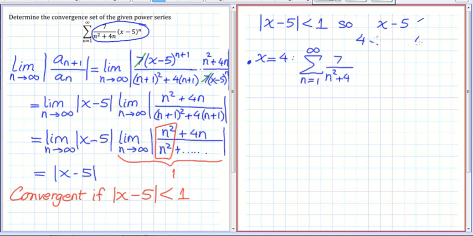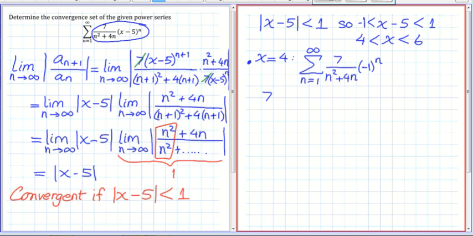So, by the way, because of negative 1 to the n power, this is an alternating series. And we use the alternating series test. Or we can also do this. Notice that 7 times negative 1 to the n power over n squared plus 4n.